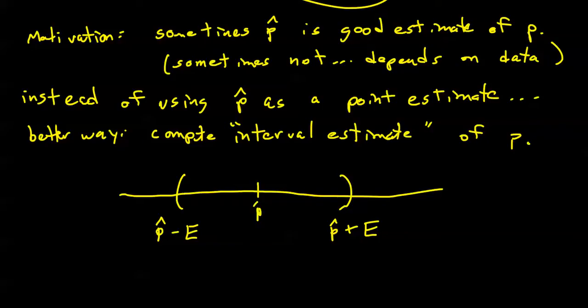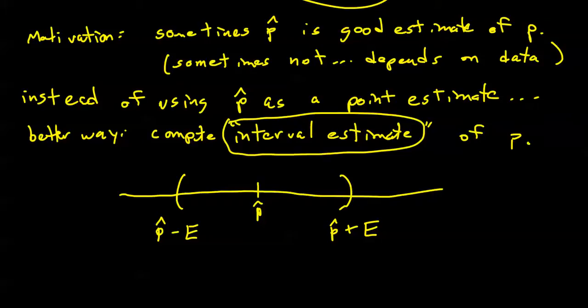Of course, p hat is the center of this interval, and the idea here is I've created an interval estimate, kind of a numerical bucket, that hopefully will contain the actual value of little p, our population proportion.